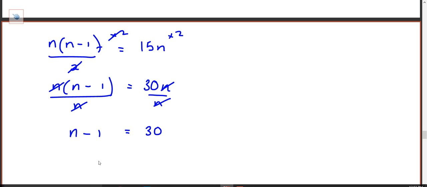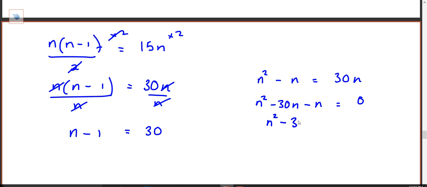If you expanded it, you'd end up with n squared minus n is 30n. What would you do then? I would add that n. I mean subtract. So you'd end up with n squared minus 30n minus n is 0. So that would be n squared minus 31n is 0.